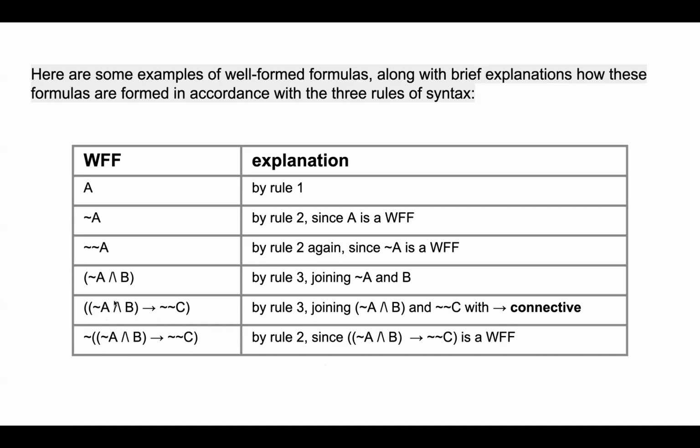Because this one is a well-formed formula, and negation, by rule 3, because the connective used here is implication. Okay, same case is there, implication is there, and the whole bracket is given as negation.